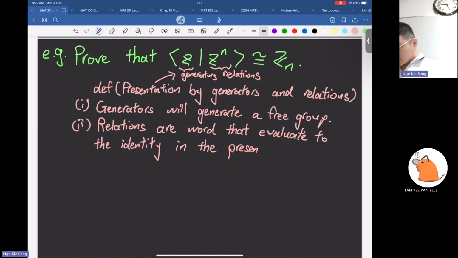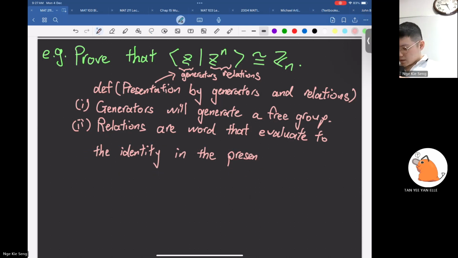So the relations are words that evaluate to the identity in the group defined by the presentation.